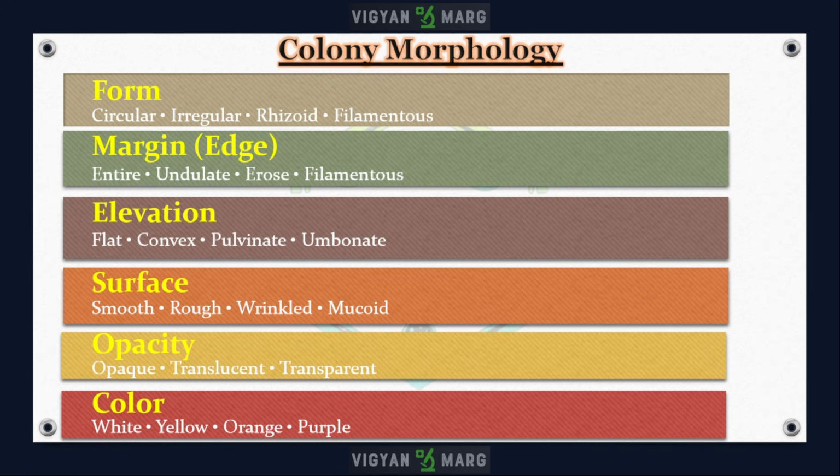Now if we come to the next topic, colony morphology. Once you have isolated the colonies, you can describe their colony morphology using a standard identification or visualization method. This is often the first clue in identifying microorganisms. In the case of form, the form can be circular, irregular, rhizoid, or filamentous.